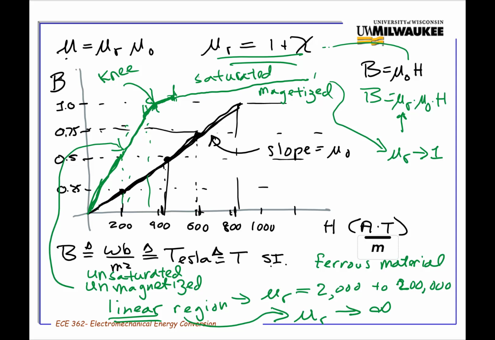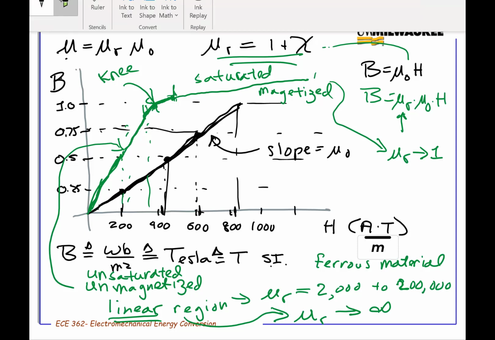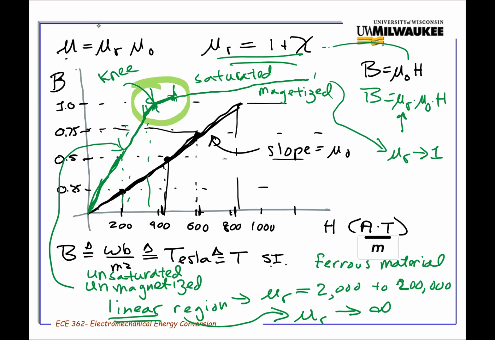It'd be pointless to do that. You'd just be burning up a lot of heat in your wires. So there's really an optimal point at which you want to typically operate, which should be right around this knee, where you're getting the maximum benefit of your material. Any questions about that?